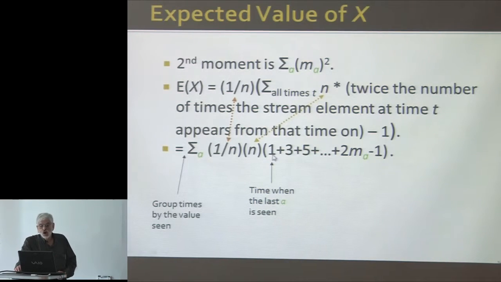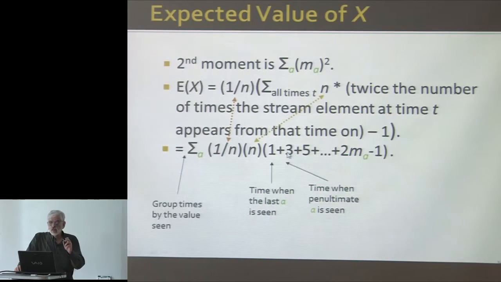Now, there will be some time which is the last time that this A appears. And for that one, I'll get twice 1, because the 1 will be the number of times it appears from that time onward, because this is the last time. And then minus 1, so 2 times 1 minus 1 is 1. The 3 is the next to last time that A has appeared, because then it will be 2 times 2 minus 1 is 3.